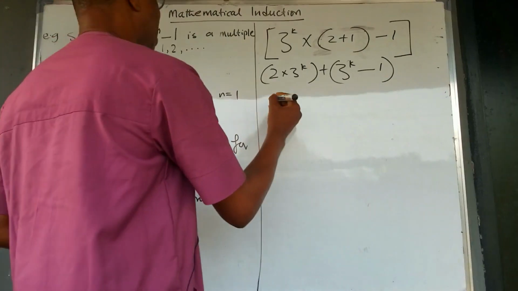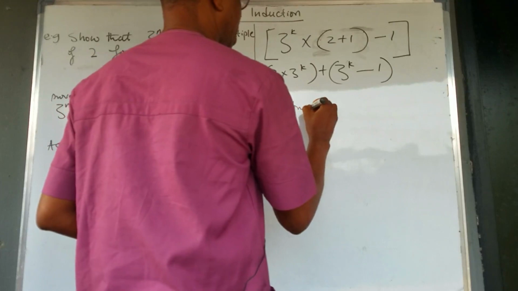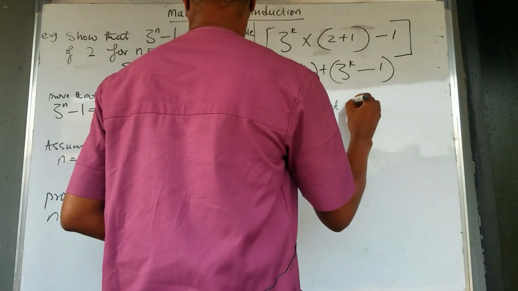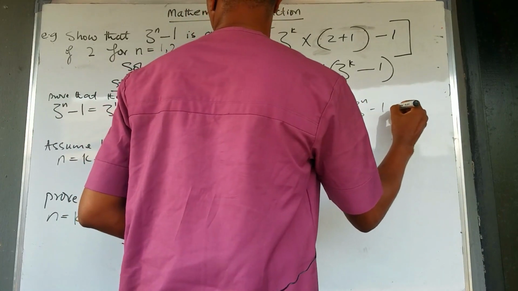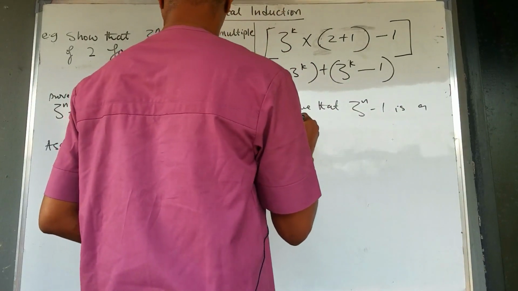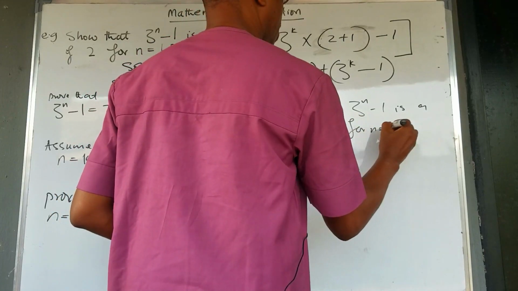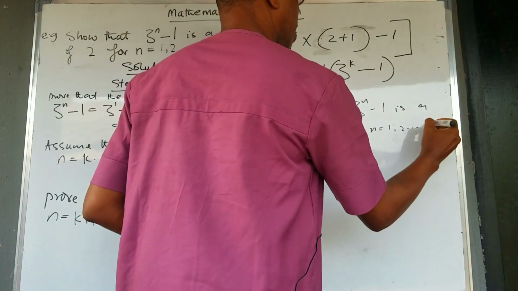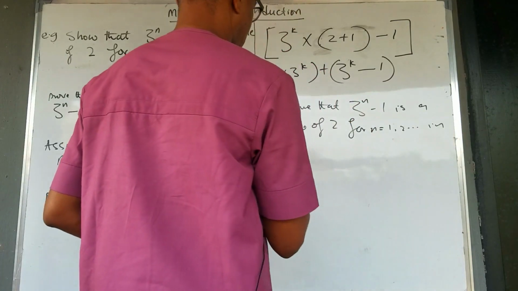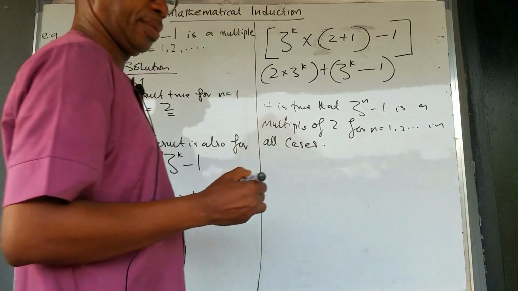So we can say that it is true that 3 to the power n minus 1 is a multiple of 2 for n equal to 1, 2, in all cases. It's okay.